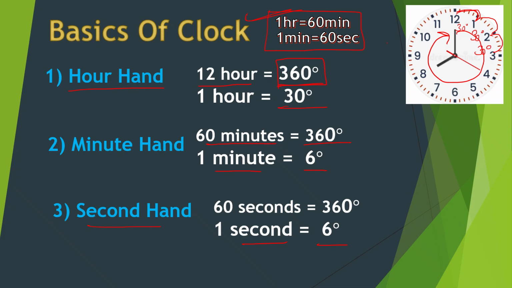Please take a note of this or take a screenshot of this. 1 hour will make an angle of 30 degree. Then the minute hand, 1 minute will be 6 degree. Second hand, 1 second will give you 6 degree. I hope you have taken the note of this. This is very important.